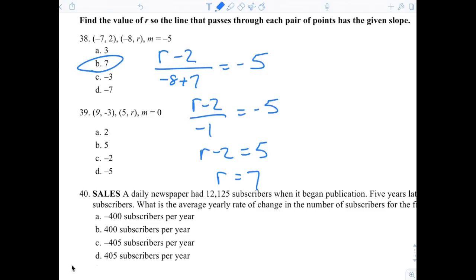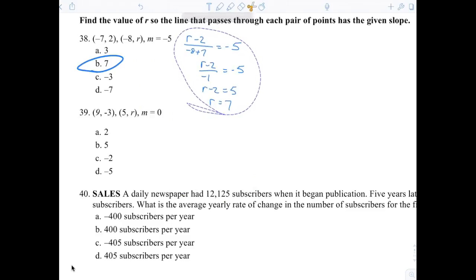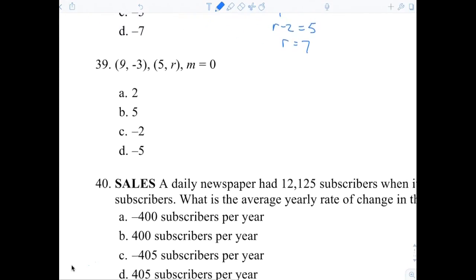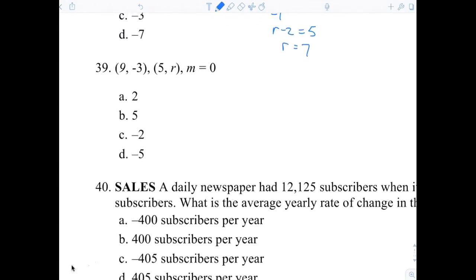All right. I'm going to shrink it down a little bit so we can do the next one real quick. So if we want the slope to be 0, it's got to be 0 over something, correct? So the y needs to be the same. So what does y have to be?